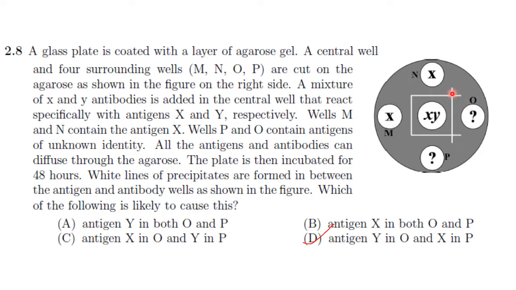O is having a slightly different line from the other 3, so it must be Y. So answer is option D. Antigen Y is O and X is P.